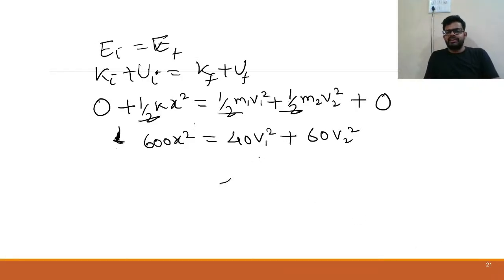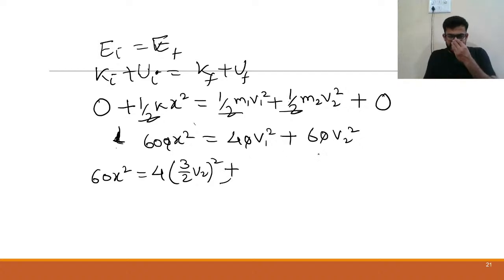Instead of v1, I will write 3 by 2 v2, and the 10s cancel. So 60x square is equal to 4 into 3 by 2 v2 square plus 6 v2 square.